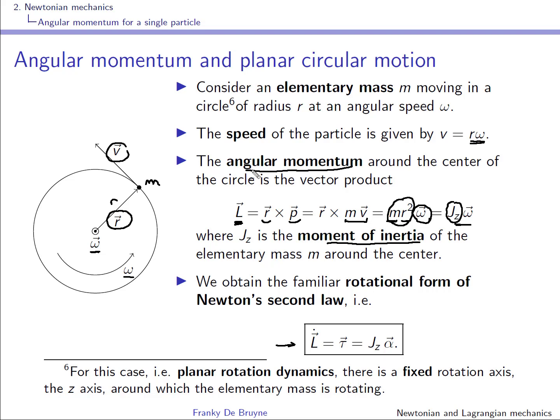If you take the derivative of this one here, we know that it's equal to the net torque that is applied around the center here, and we'll have to take the derivative of this one, so that's Jz, the moment of inertia for a rotation around the z axis, right? And if you take the derivative of this one here, you'll have the acceleration vector in rotation. And so we obtained this form that you know very well.